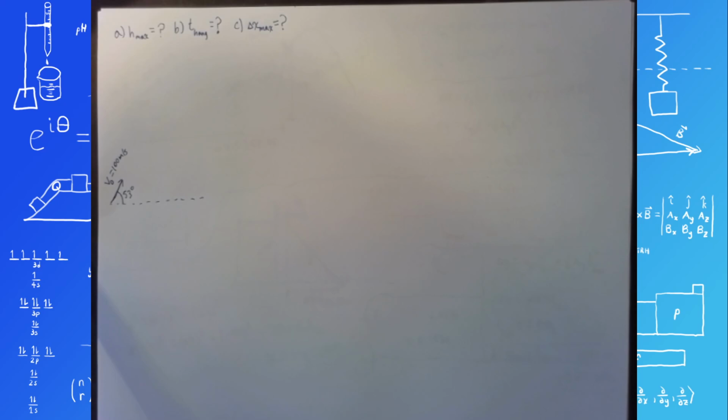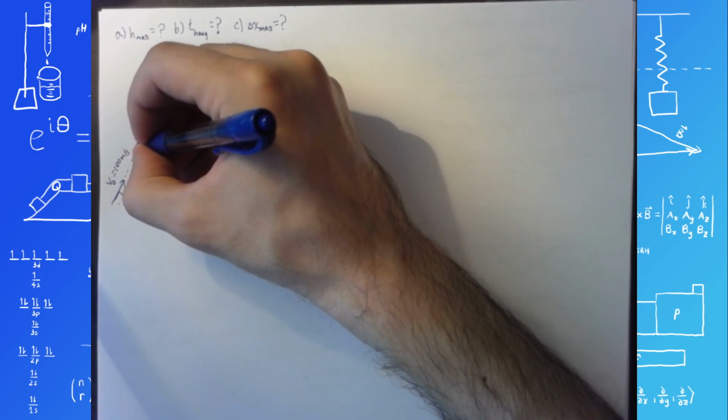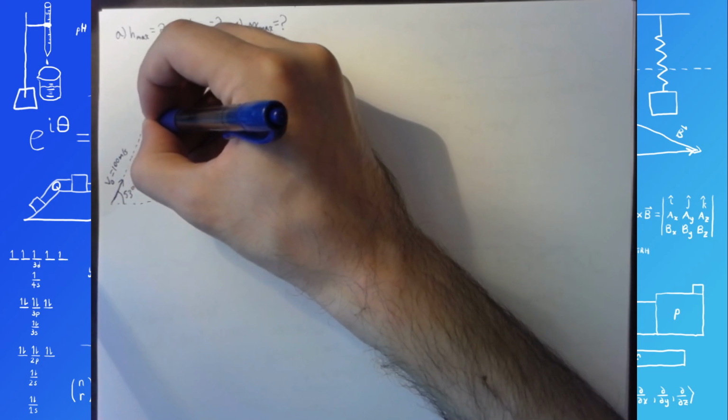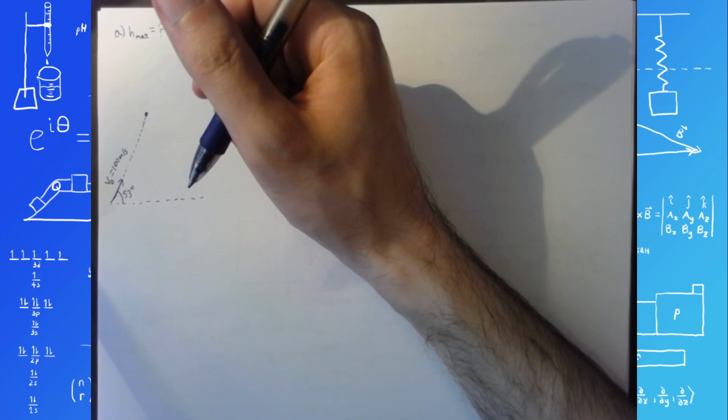Okay, the rocket moves for 3 seconds along its initial line of motion. So it moves in a straight line for 3 seconds, and let's say the 3 seconds are up by the time you get here.